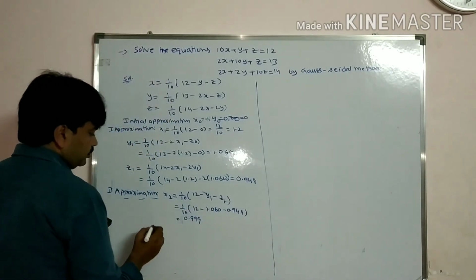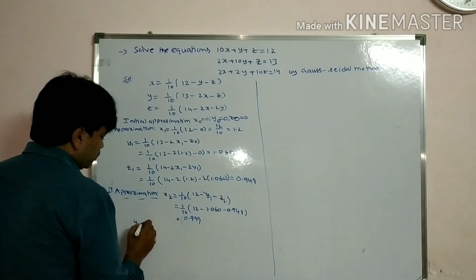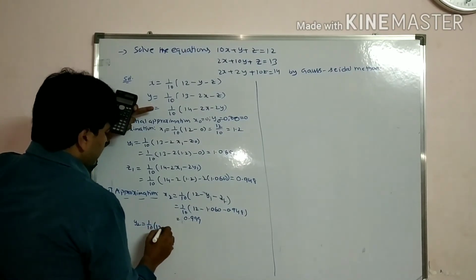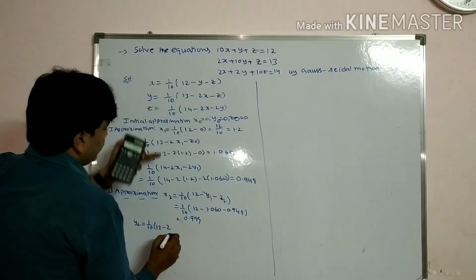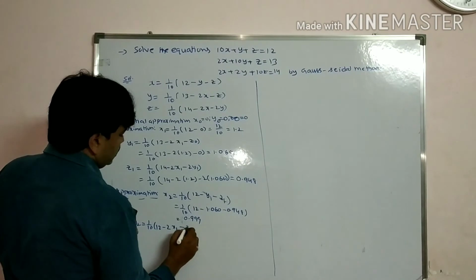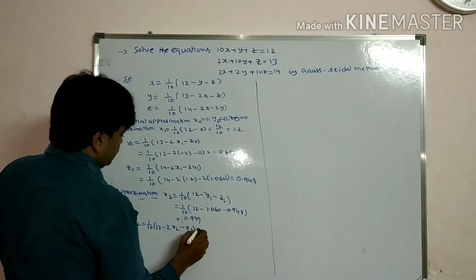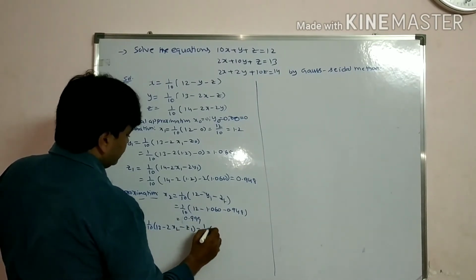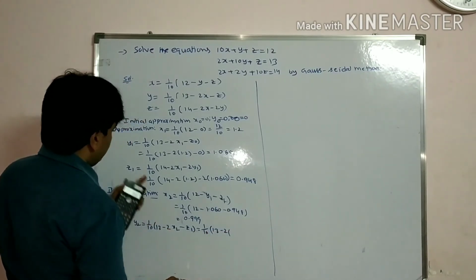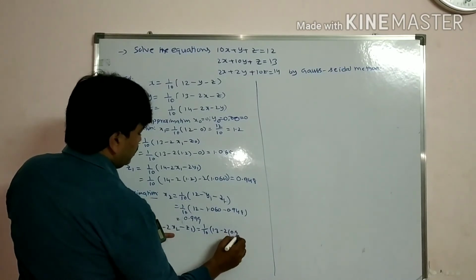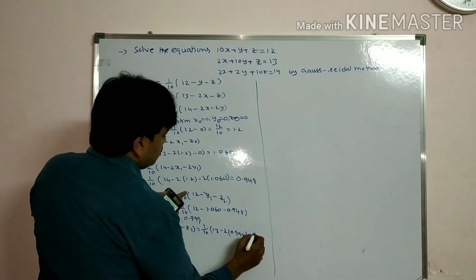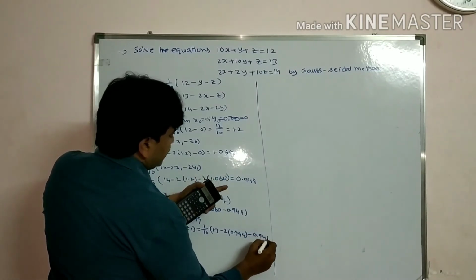0.999. Now y2 value. So y2 is equal to 1 by 10, 13 minus 2 x2, we already found x2 here students, so x2 minus z1. So that is equal to 1 by 10, 13 minus 2 into x2 value 0.999 minus z1 value 0.948.